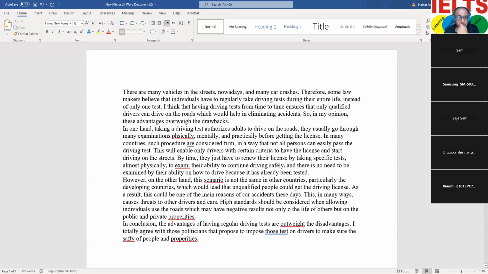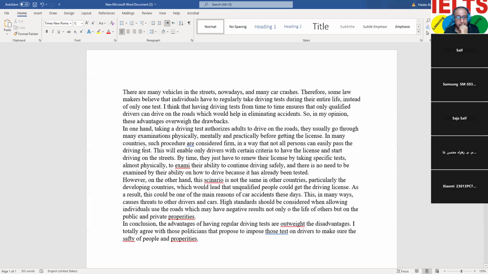They usually go through many examinations physically. A spelling mistake. You forgot the Y. Physically, mentally, and it's better to be without a comma before the last item. And practically before getting the license.